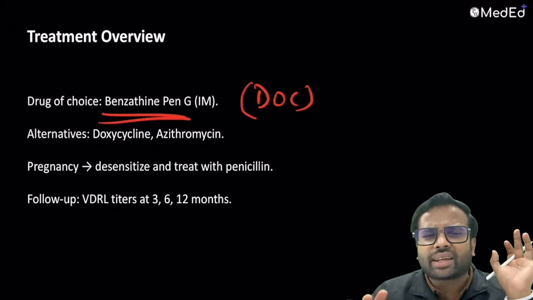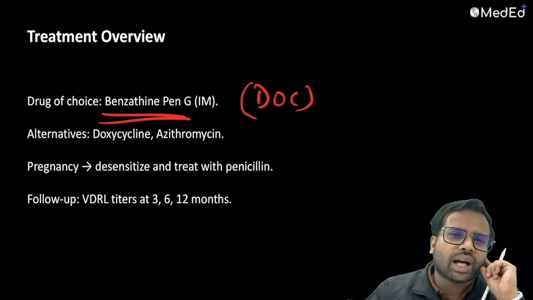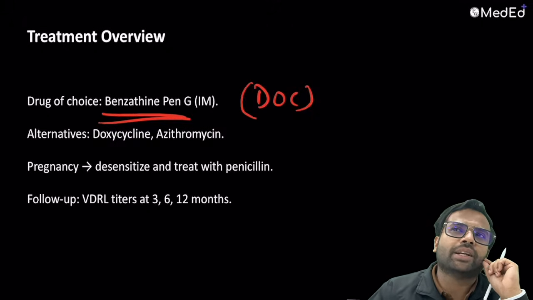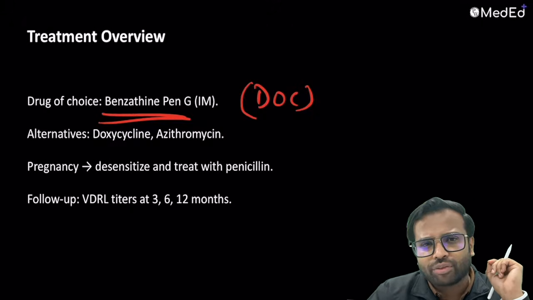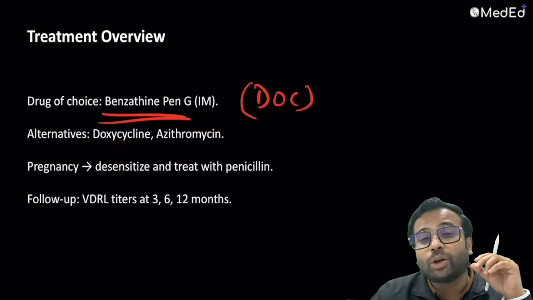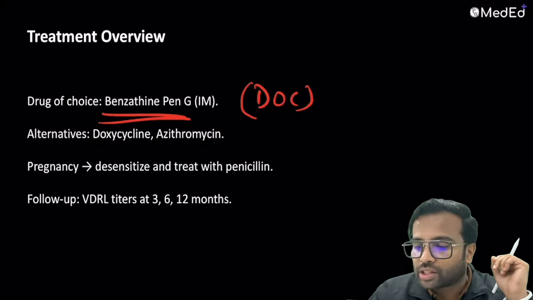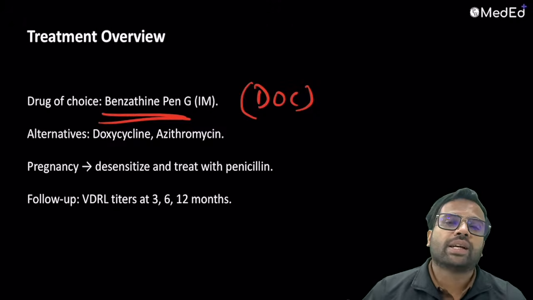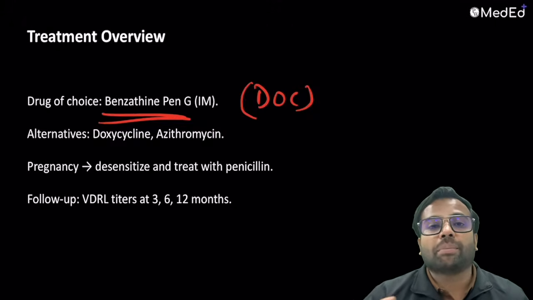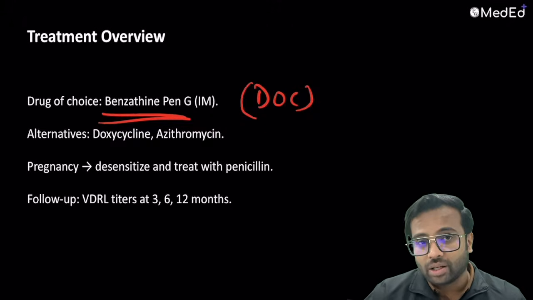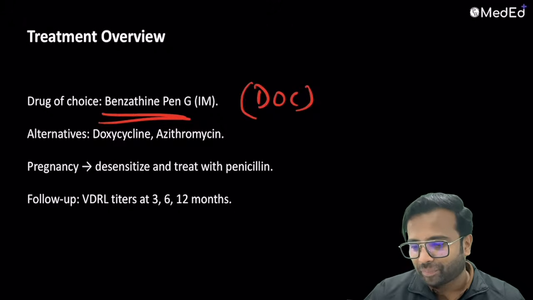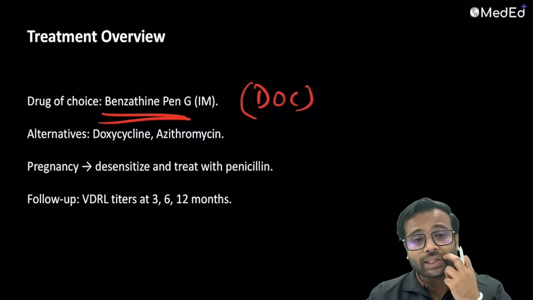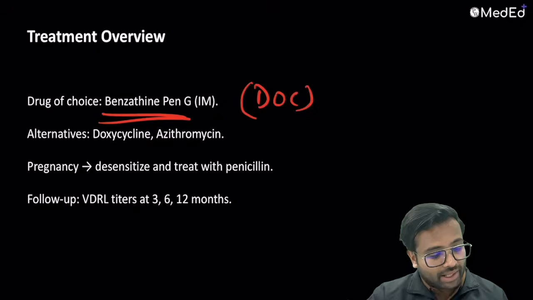But are there cases in syphilis where we cannot use benzathine penicillin, or where benzathine penicillin may not be that effective? Anyone? Which are the cases in syphilis where benzathine penicillin may not show a good result? Any idea? So let's see what are the cases where benzathine penicillin cannot be used.